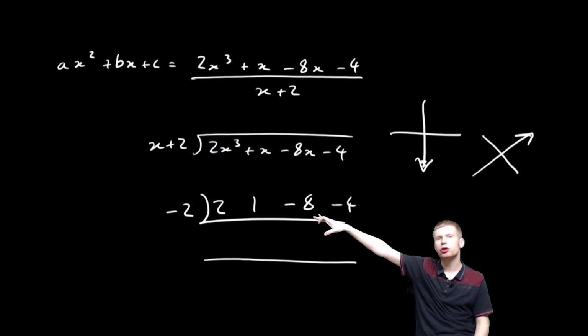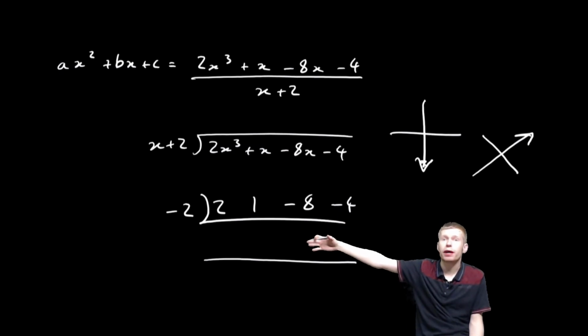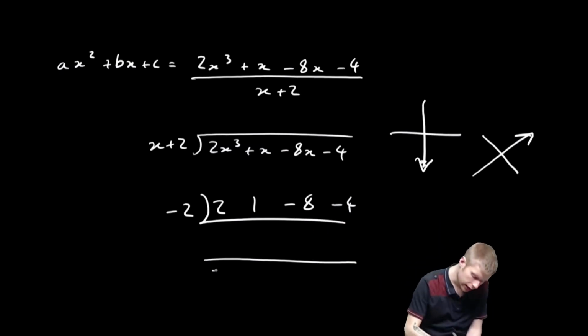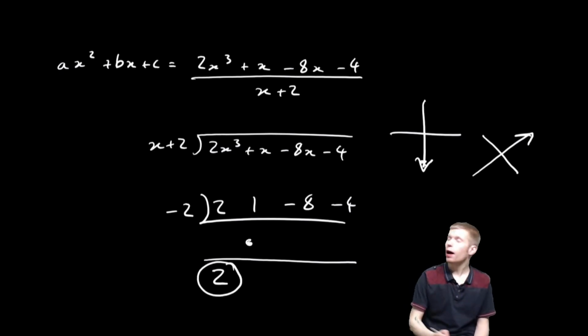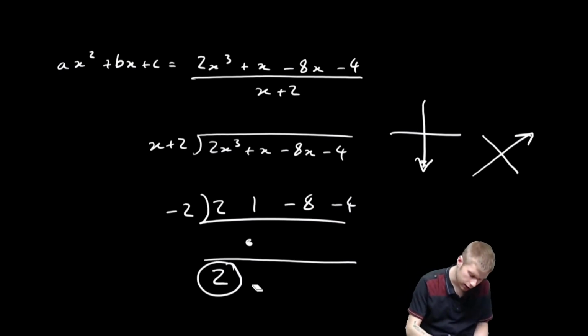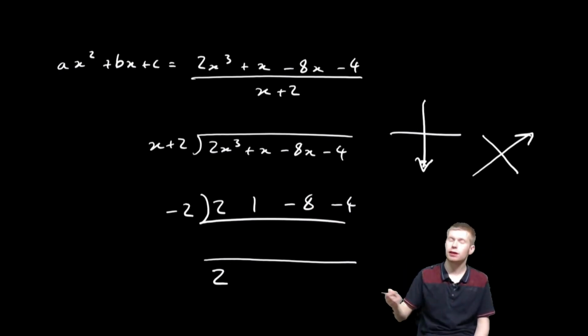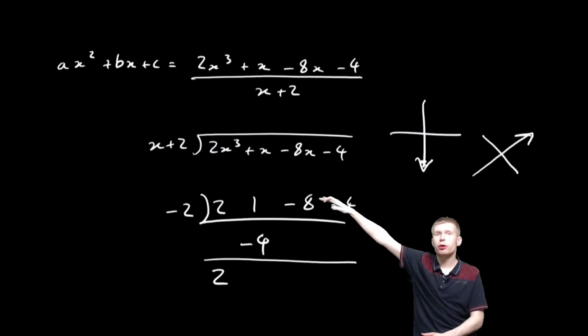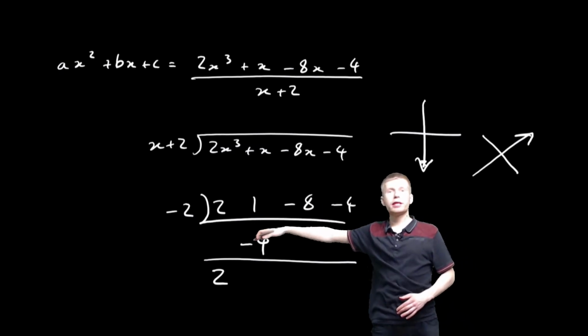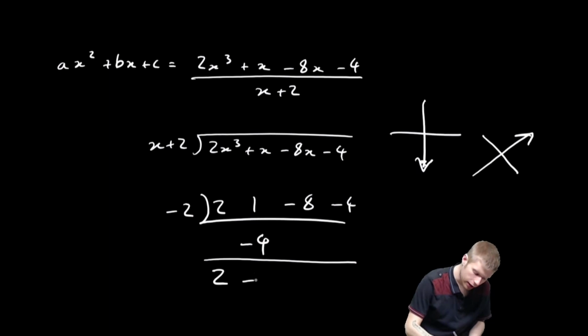First of all, I start with 2 and I add, well, there's nothing in there, so it's 2 plus nothing. So all that goes down here is just 2. Then to find what number goes here, I multiply this 2 by the negative 2, so 2 multiplied by negative 2 is minus 4. Then I'm moving down, so 1 plus negative 4 gives me negative 3.